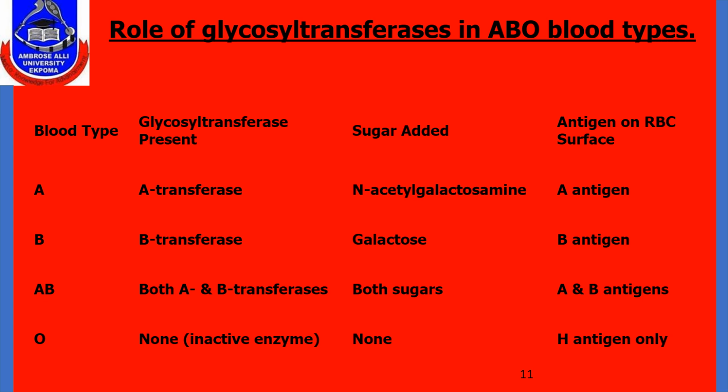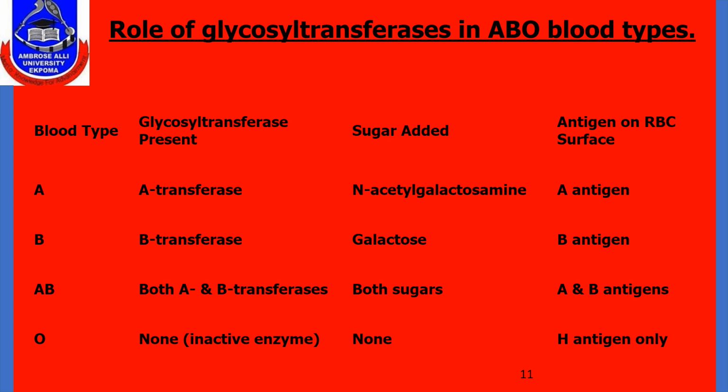There are two types, that is the alpha transferase and the beta transferase. Now, for blood type A, the alpha transferase is used to determine the antigen A.